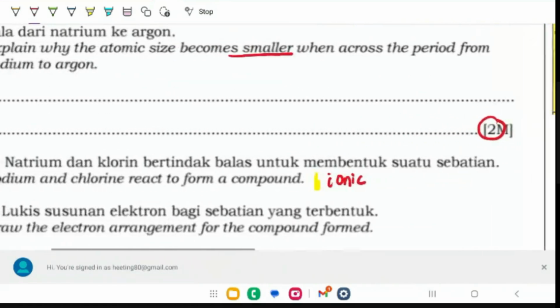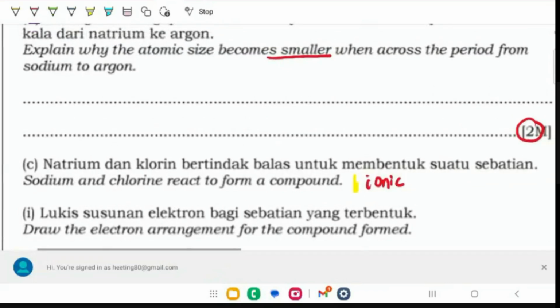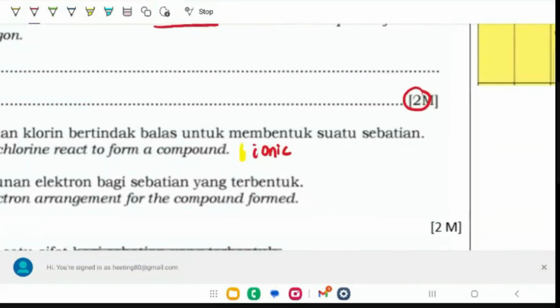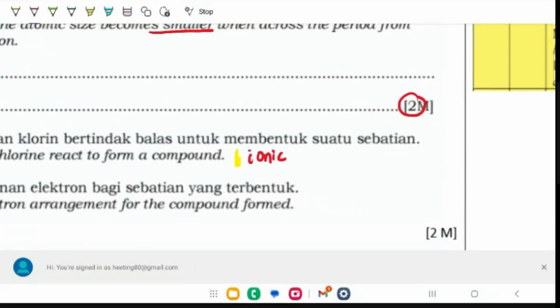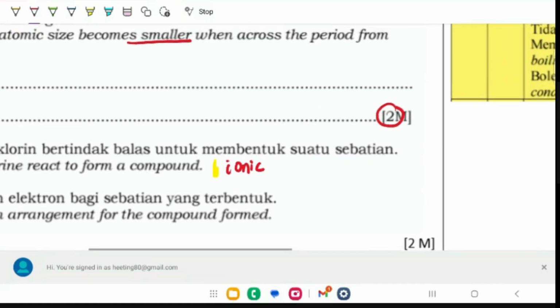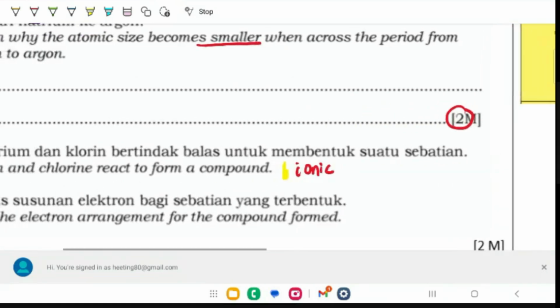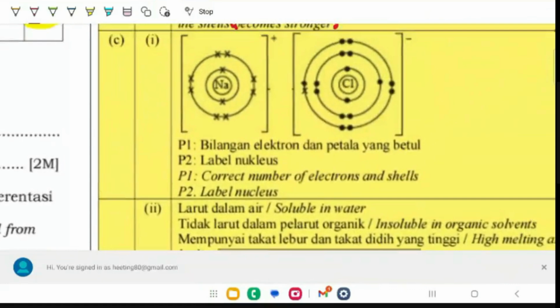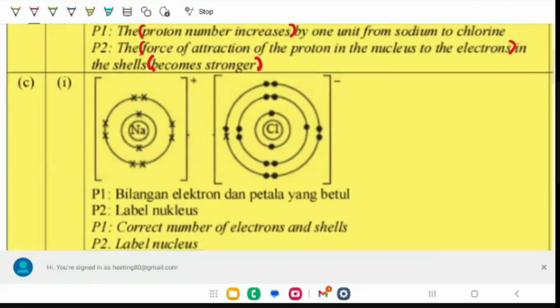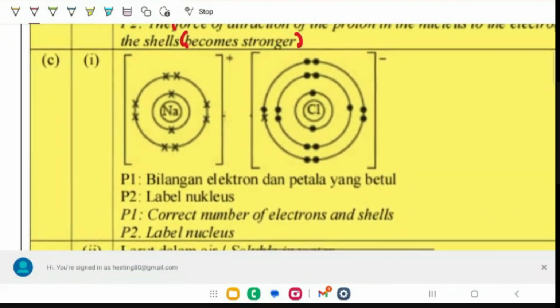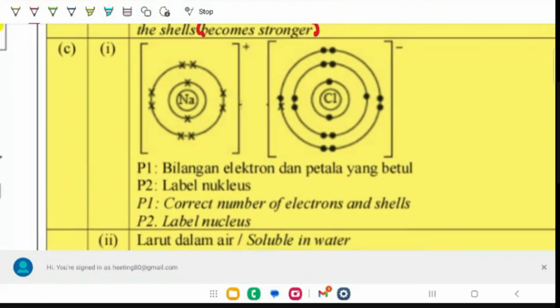So what is the formula, class? How many Na? How many Cl? NaCl, yes. For this electron arrangement, you have to draw the positive and negative charges.